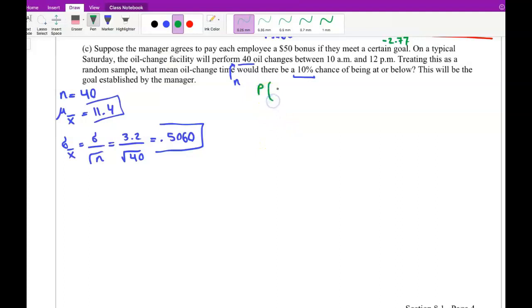Now we are finding the probability when the sample mean is less than some value, which we don't know yet, and that is equal to 10%.